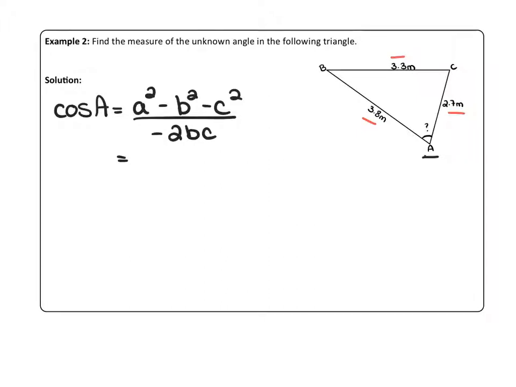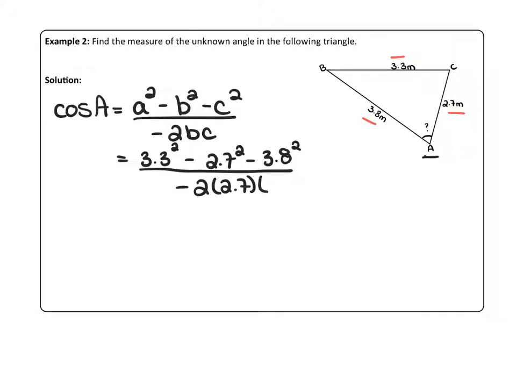A is 3.3 squared minus B. So across from B is 2.7 squared minus C. C is 3.8. And the whole thing is divided by minus 2 times B, 2.7 times C, 3.8.